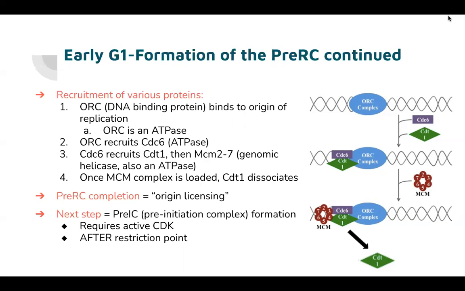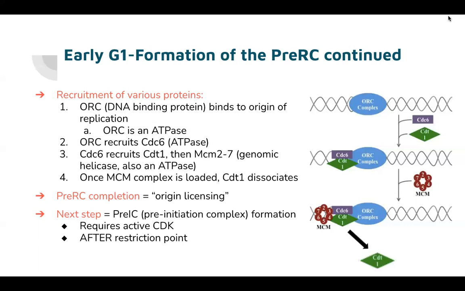And so after binding, as an ATPase, ORC will recruit CDC6, also an ATPase. And then this will recruit CDT1 and then MCM2-7, which is also known as the genomic helicase, also an ATPase. And that MCM, which, like I just said, is a helicase, will then be used later on, as you'll learn, to unwind the DNA.